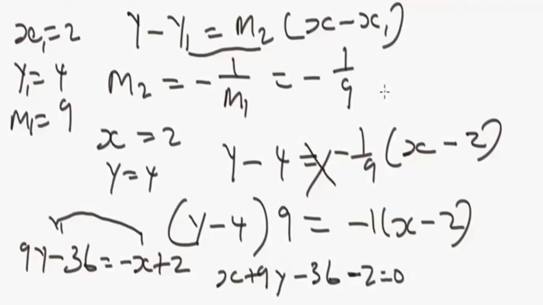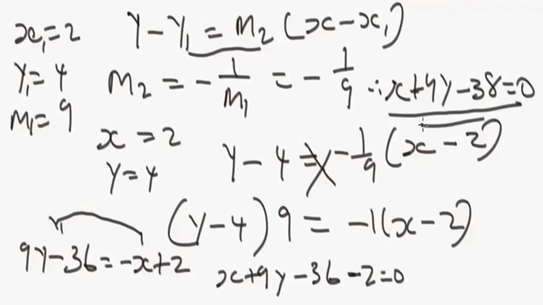When you simplify it, the equation of the normal to this curve will give us x plus 9y minus 38 equals 0. So basically, guys, this is how you can solve problems involving the equation of a tangent and normal to a curve.